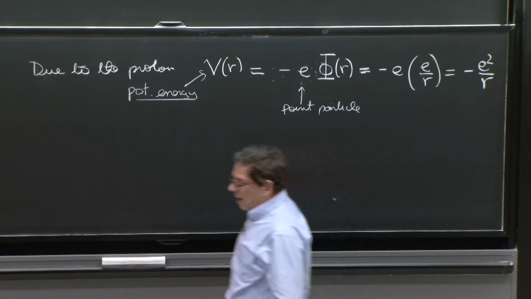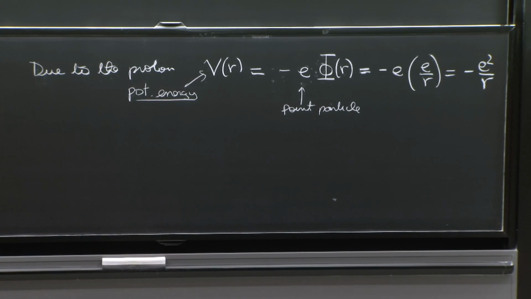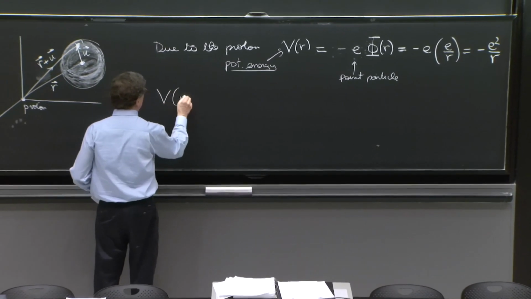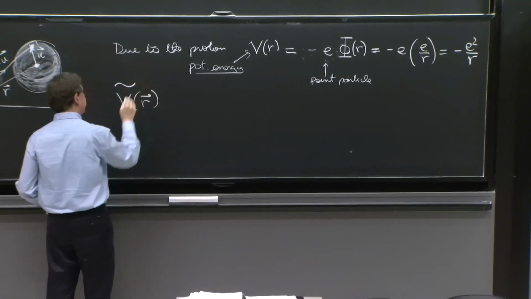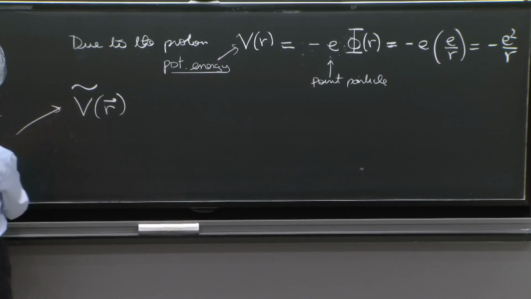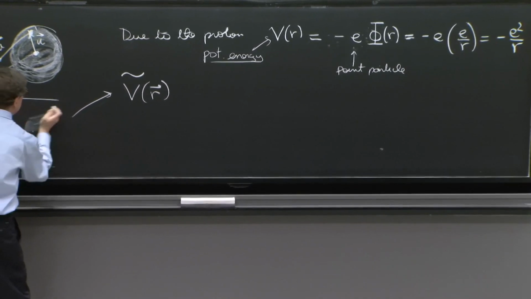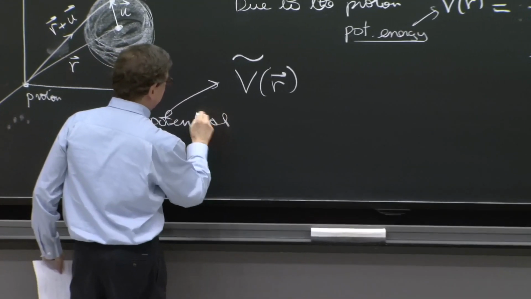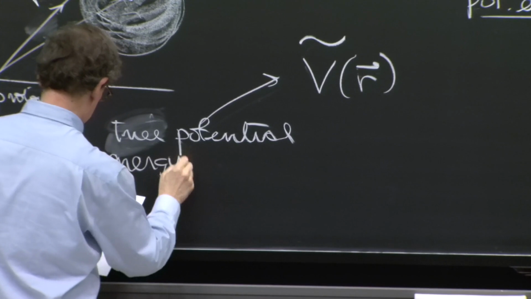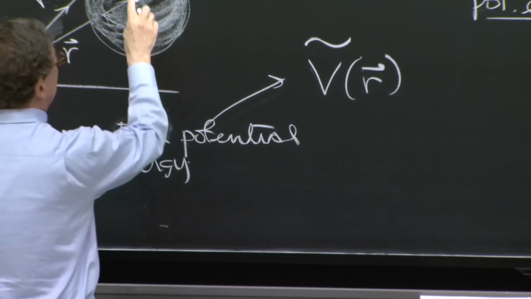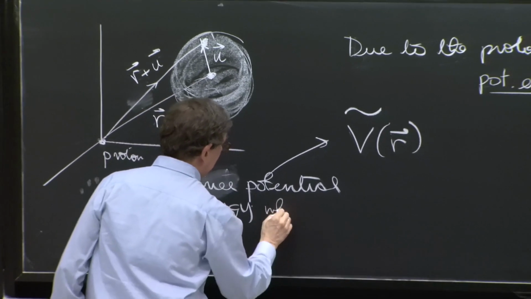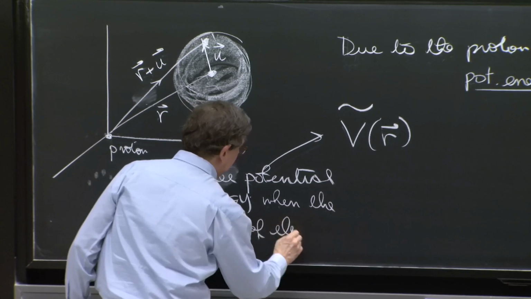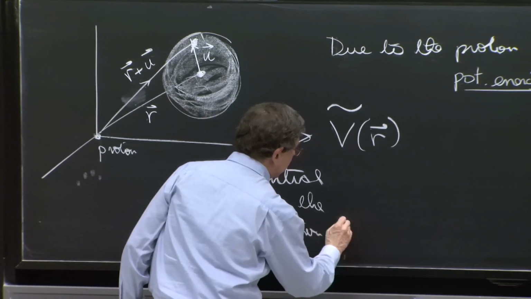So how do we do it a little more generally? I'm going to call this V tilde of r the potential energy, the true potential energy, when the center of the electron is at r.